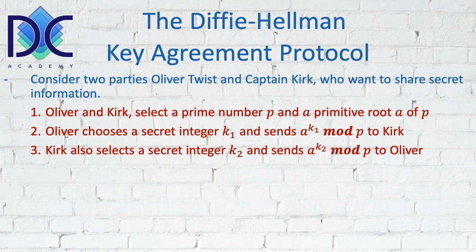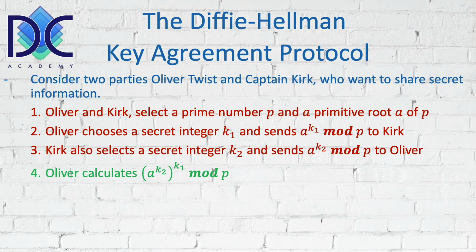Basically, Oliver calculates (a to the power k2) to the power k1 modulus p, and the same thing is done by Kirk. Kirk calculates (a to the power k1) to the power k2 modulus p.